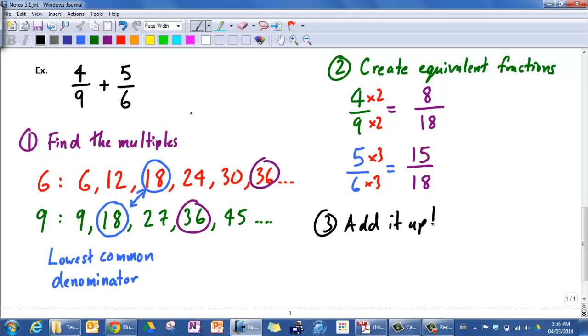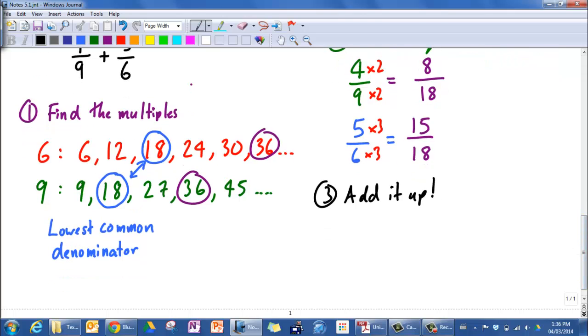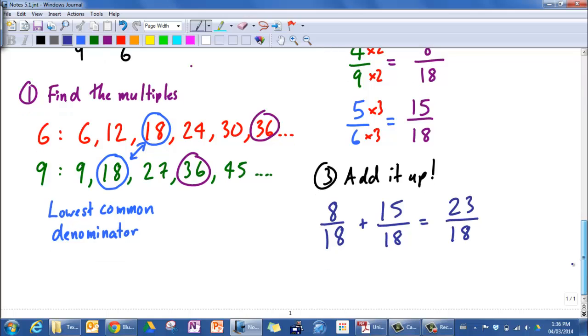I just add it up. So 8/18 plus 15/18 is 8 plus 15 is 23/18. And that's my final answer.